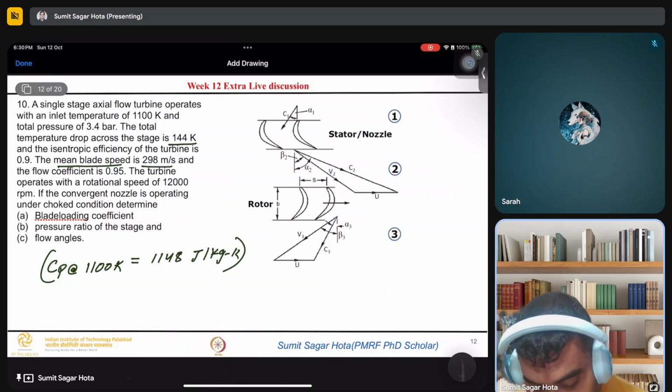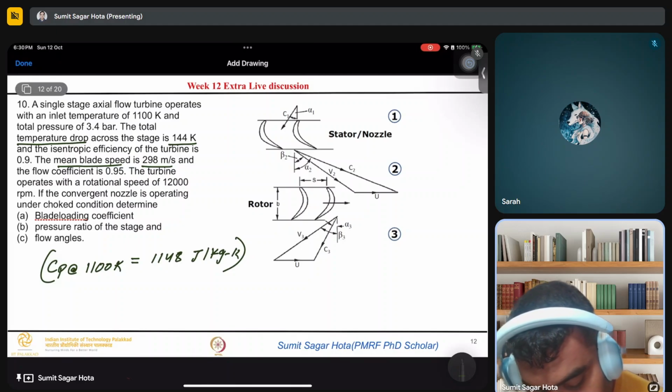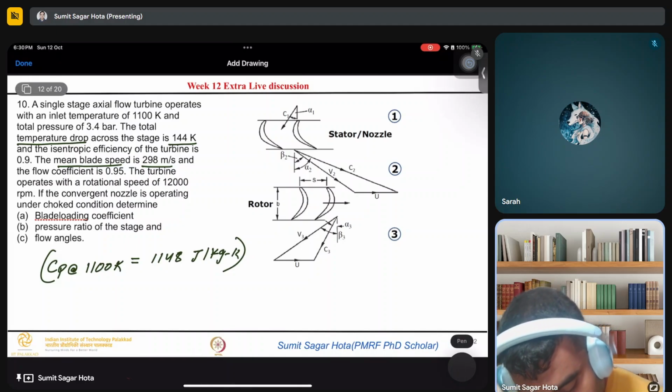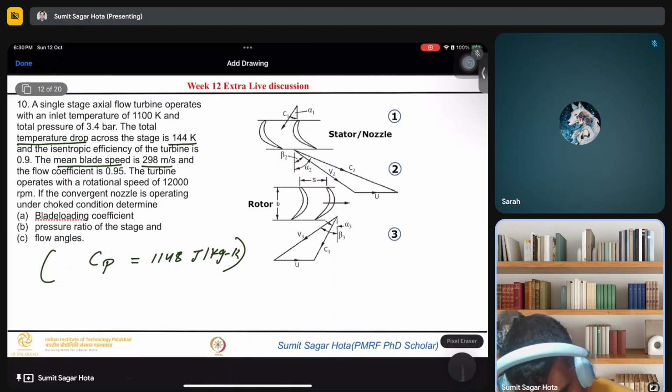That means the temperature drop is 144, mean speed U is 298, and Cp we know for this temperature is 1148. Let's write down the Cp as this. Okay, that's better.